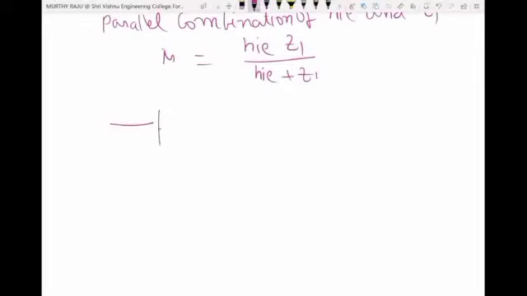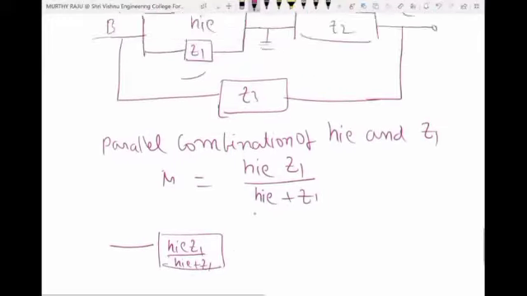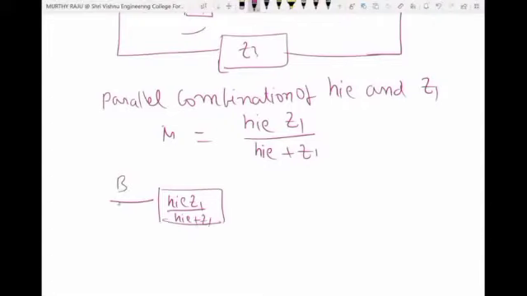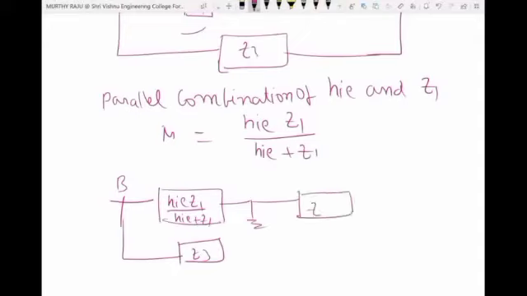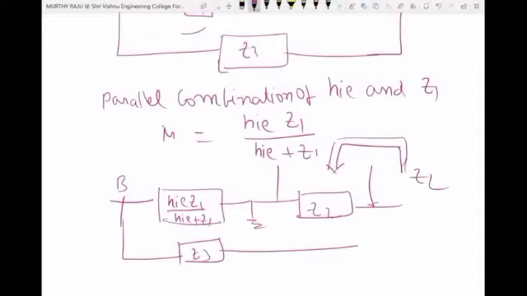This one is the base terminal. This parallel combination is connected with Z2. The impedance looking across this Z2 is ZL.